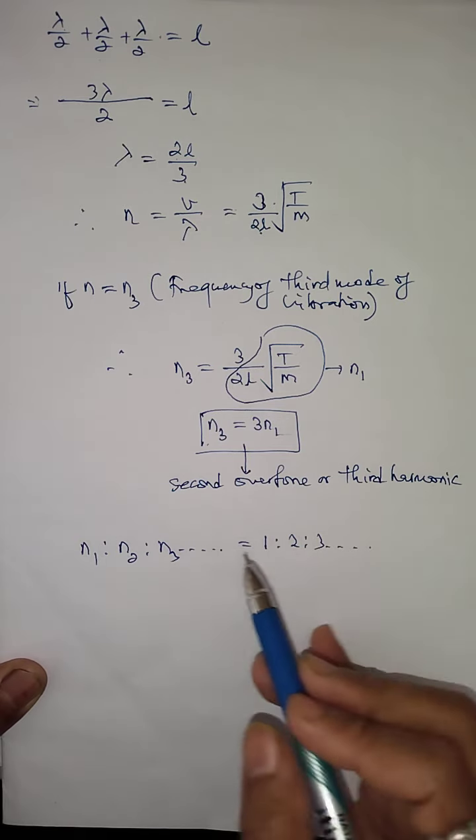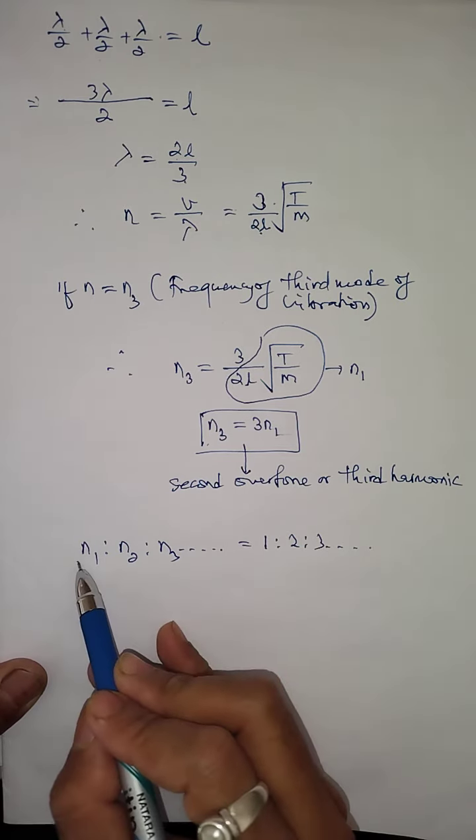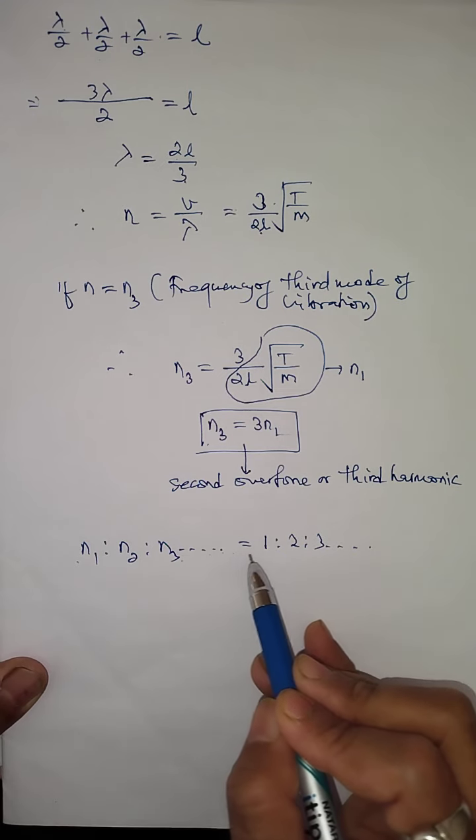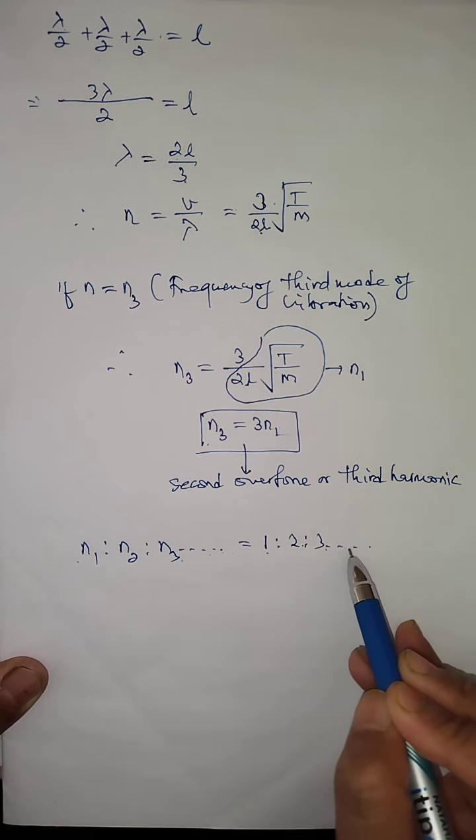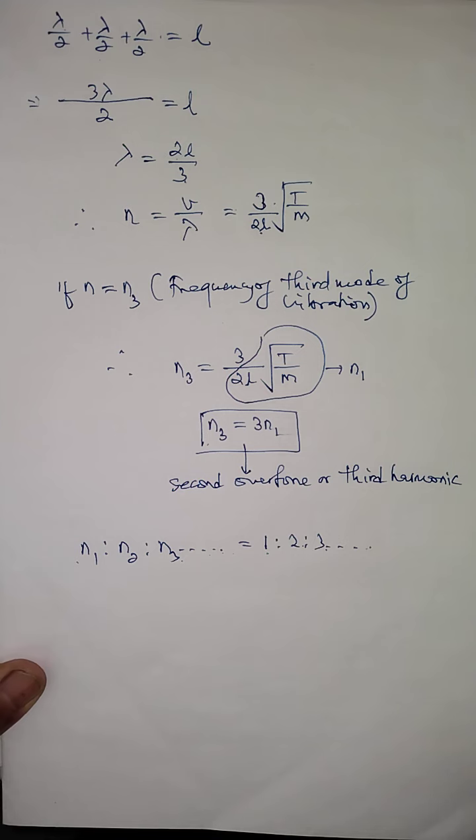It will be 1:2:3:4, and it will go on and on. That means these frequencies are in a harmonic series. Hence, these tones are also called harmonics.